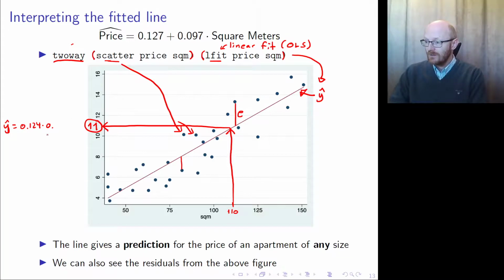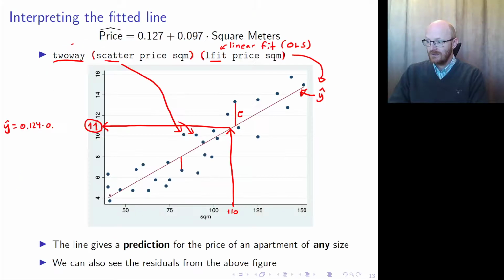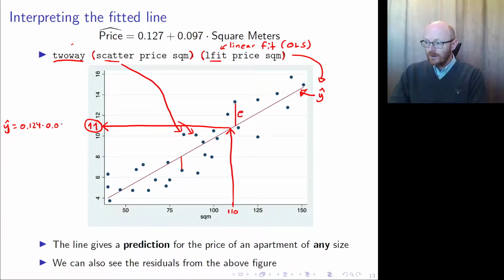The intercept was 0.967 or 0.968, plus the slope times 110, okay? And you would get a result, okay, around 11 million.